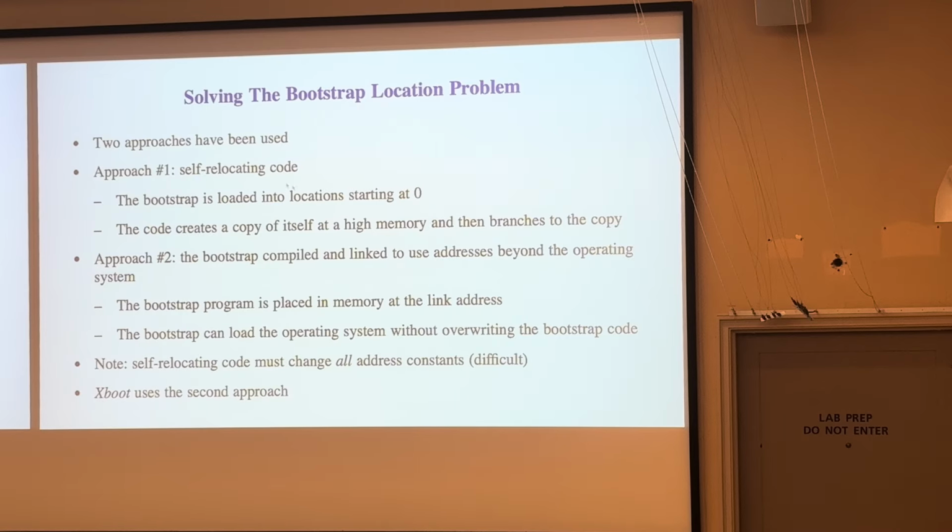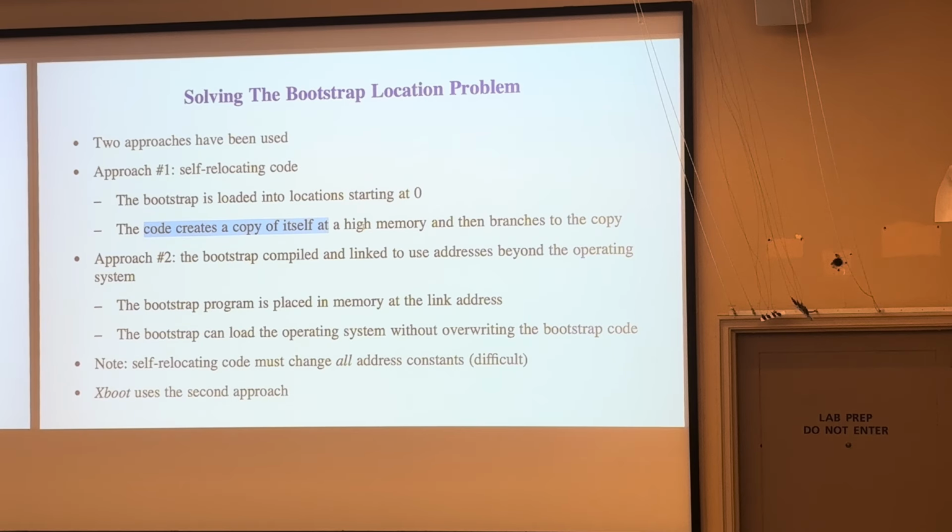So there are two approaches. One is self-replicating code. The bootstrap is loaded into location starting at 0, and the code creates a copy of itself at a high memory address, and then branches to the copy. So in the beginning, it's loaded to address 0 in main memory, but once it starts executing, it will create a copy of itself in the high memory address.